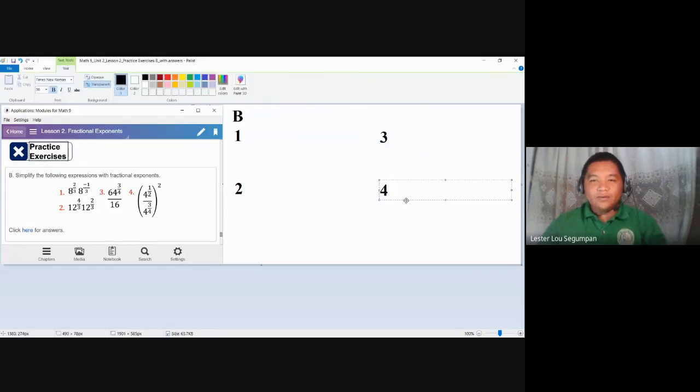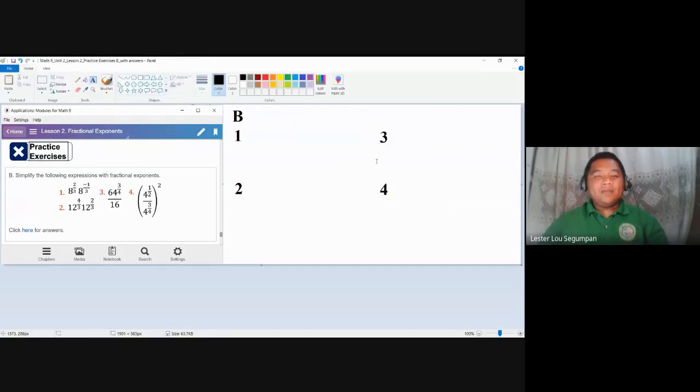Now, when we simplify these numbers, we need to apply the laws of exponents. The laws of exponents, which were discussed in lesson 1 and way before in your grade 7 and grade 8 years, are not only applicable to integral exponents. They are applicable to any type of exponents, including fractional exponents.